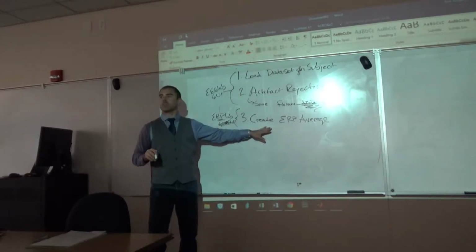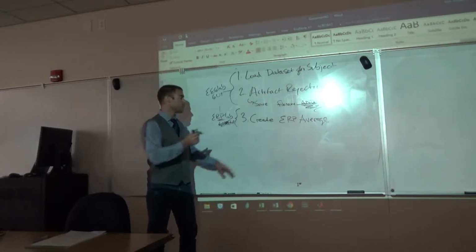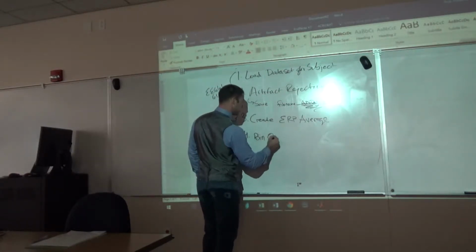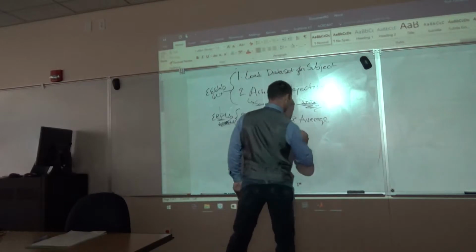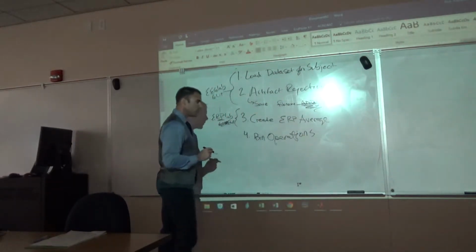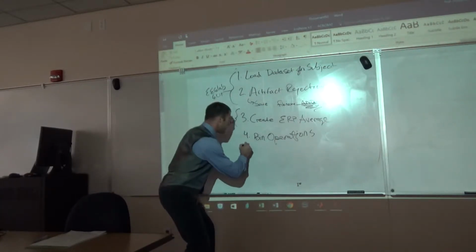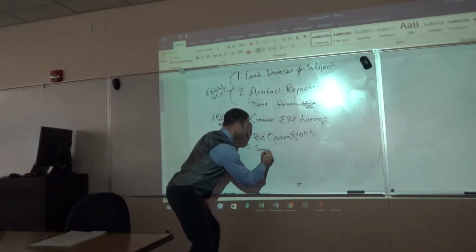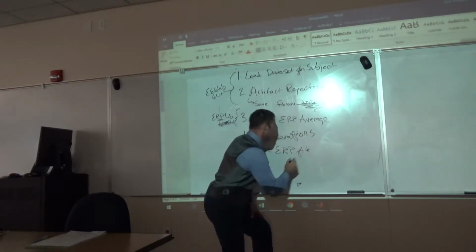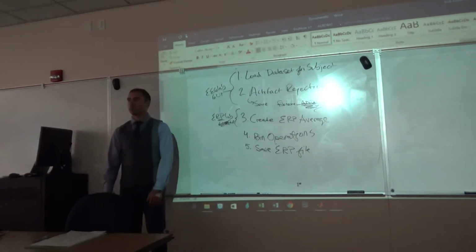Then what do we do after we create an ERP average? Bin operations. Right? And then after bin operations, you want to save your ERP file. Did we do anything else then?